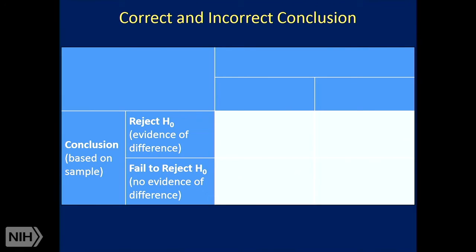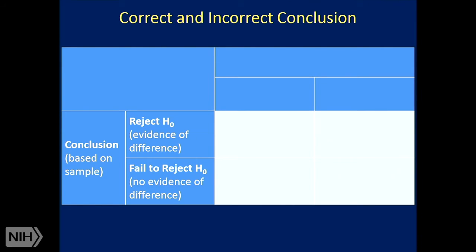Okay, so you may have seen this. It's a very typical table that is shown in all the intro textbooks to hypothesis testing, but it's a very important table. So here you're doing the experiment and you're going to make a conclusion based on the sample. And there are two possible conclusions. You're going to say, I reject H0.